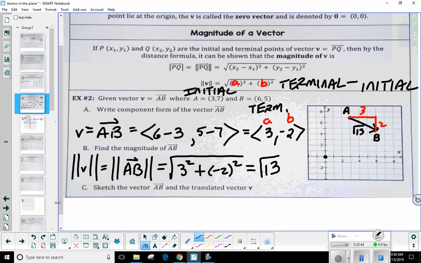Well, remember, translating it will not change the direction or its magnitude. So from the initial, I would still have to go 3 to the right and then 2 down. So I know that the terminal would have to be right there. Same magnitude, same direction. Okay. It's just like we're sliding it across your grid. Anybody having a hard time?